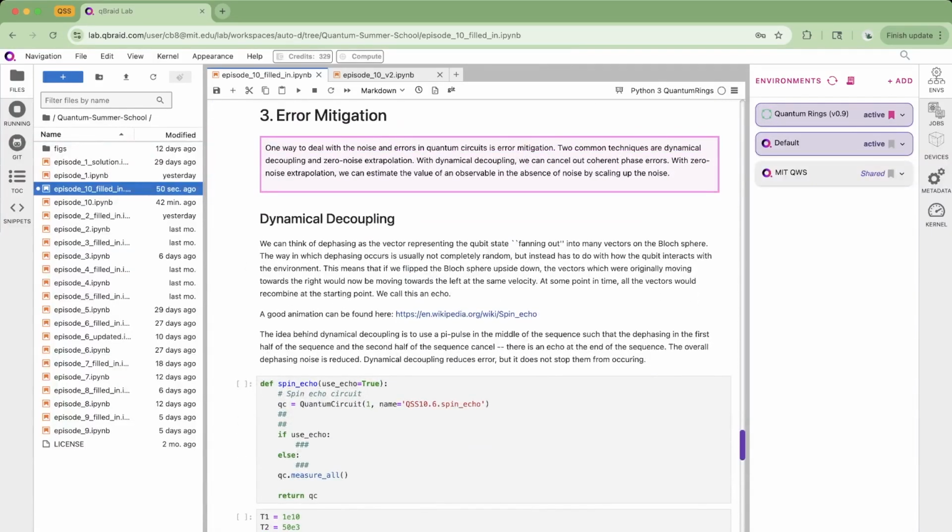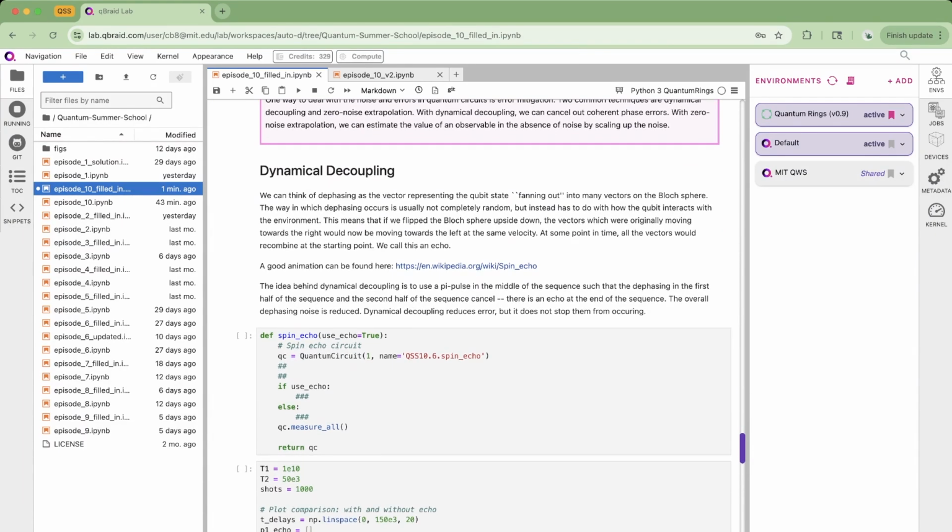One example is called dynamic decoupling. So remember that we can think of the dephasing of the qubit state as the vectors fanning out on the Bloch sphere. And the way that the dephasing happens is usually not completely random, but it kind of has to do with how the qubit interacts with the environment.